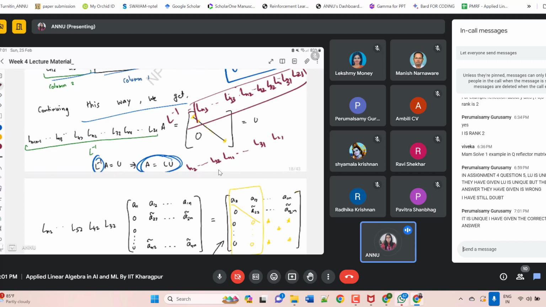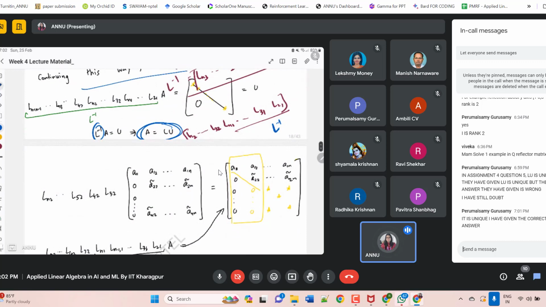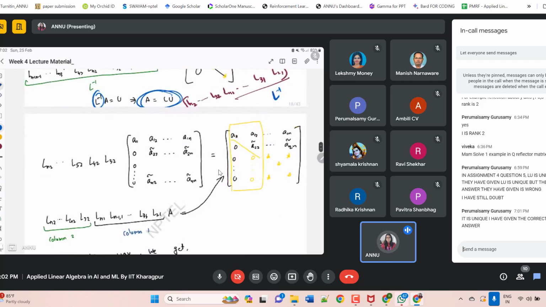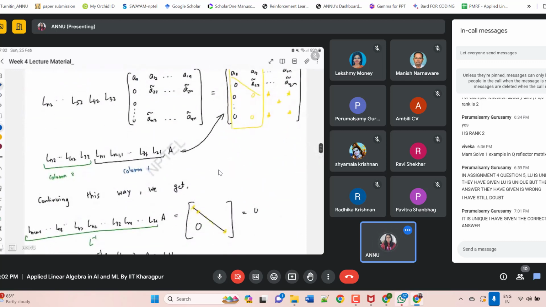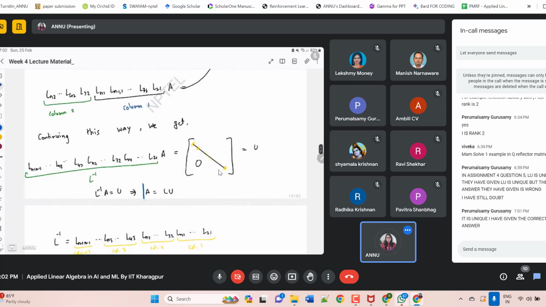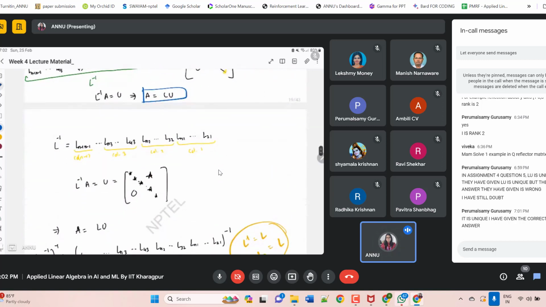This particular multiplication is nothing but L inverse. So this L inverse is unique, as far as I know.